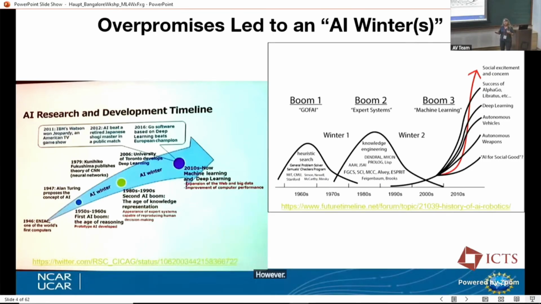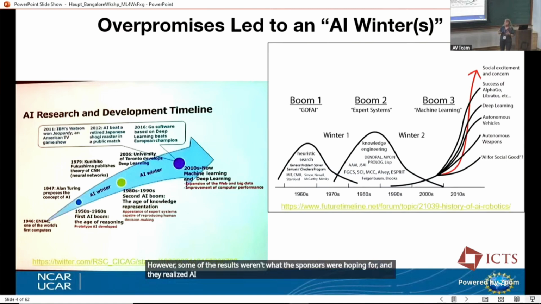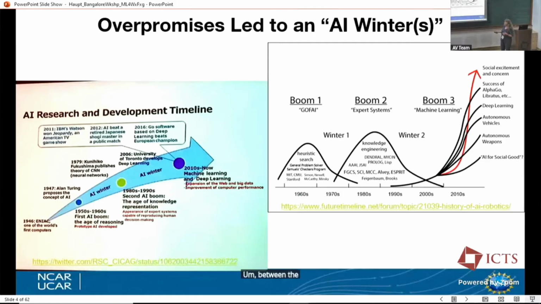However, some of the results weren't what the sponsors were hoping for, and they realized AI wasn't making the type of advances they hoped for. So there was, right in between the 60s and the 80s, an AI winter for a while, where nobody wanted to fund AI.